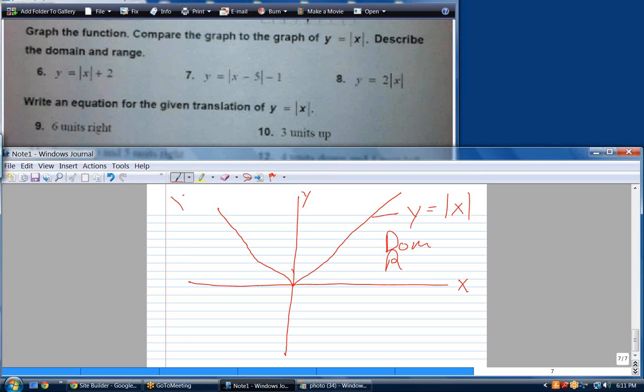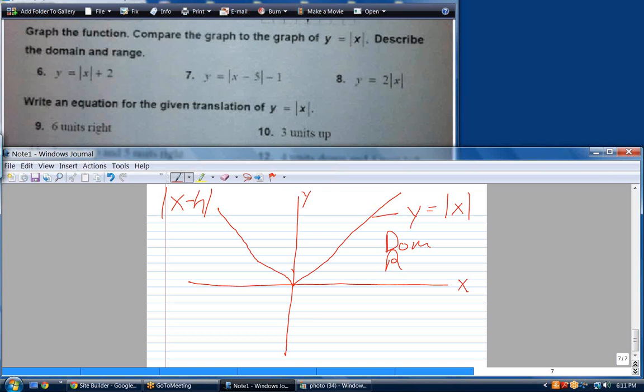Remembering that x minus h is the standard, so what is h here? -5.